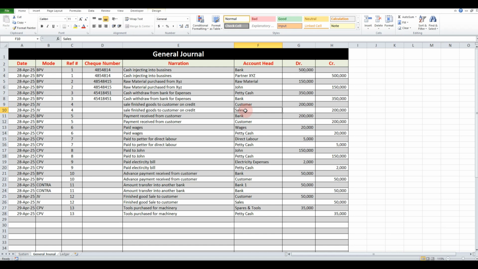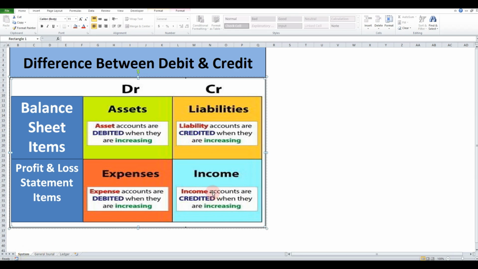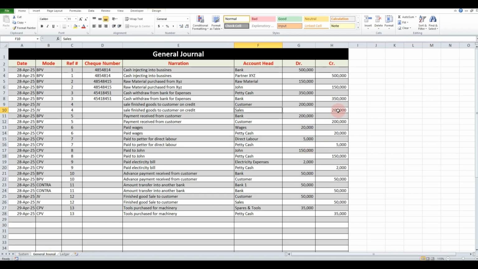It's an income account, and an income account is always credited when it is increasing. Here it means the sales or income account is always credited when it increases.